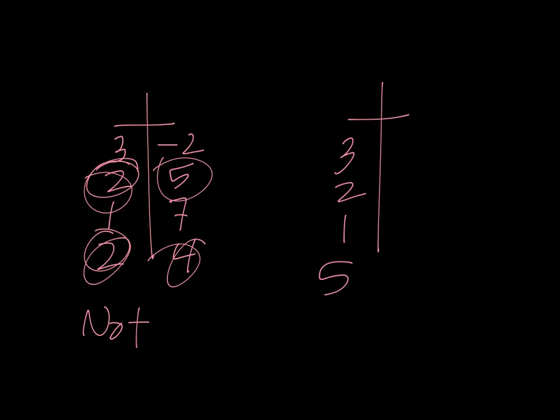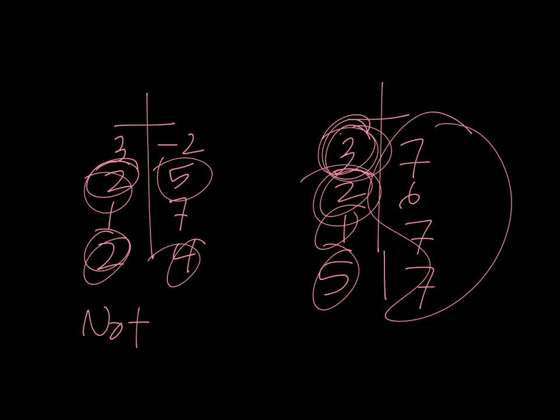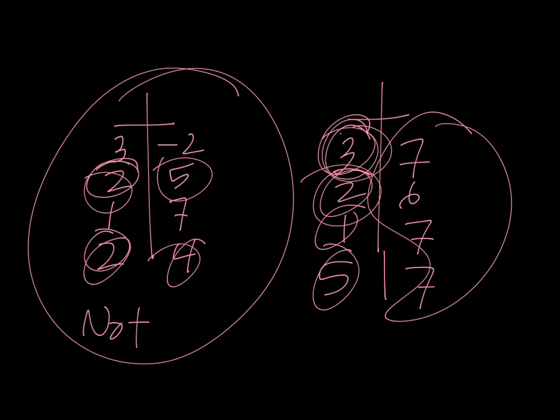Whereas this guy would be a function because there's only one 3. If you tell me 3, I know to tell you 7. If you tell me 2, I know to tell you 6. Anything you could tell me as the input, I know what the output is, even if there's an output that's repeated. This guy, not so much, because if you tell me 2, I don't know if I should tell you 5 or if I should tell you 4.